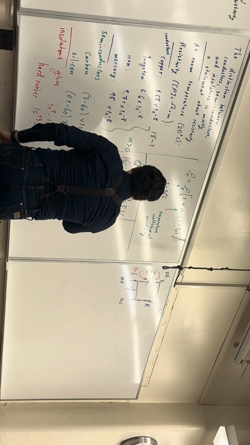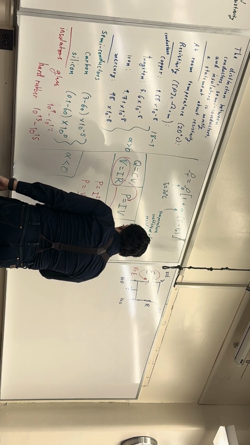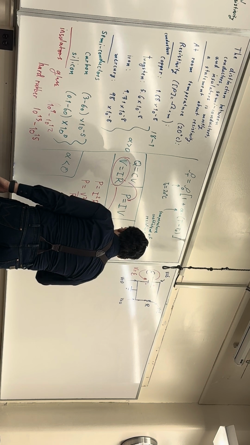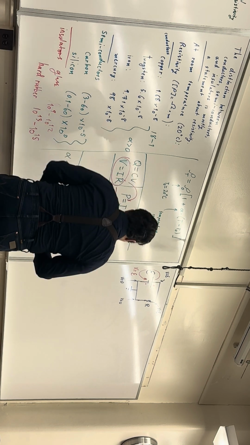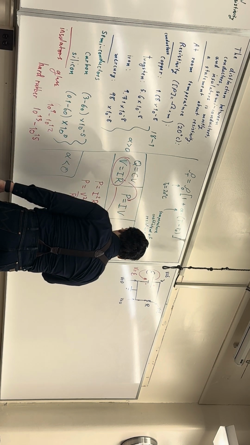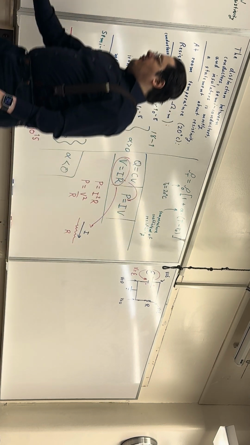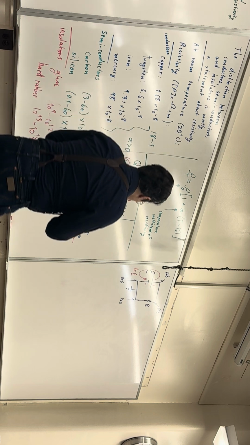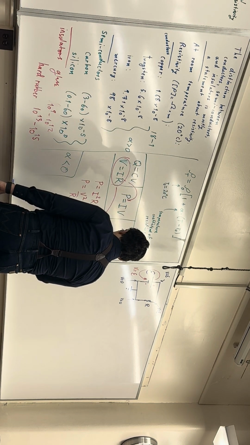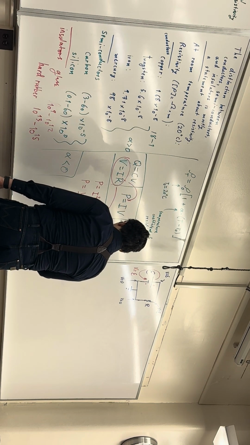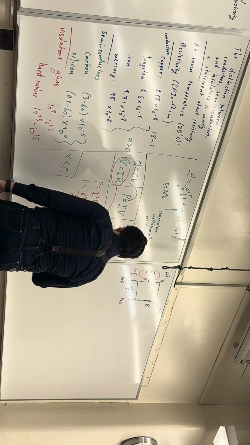Ohm's law as being a statement that if I have a resistor and I somehow force some current to flow across it, there will be a voltage drop across the resistor. There will be a positive end and a negative end. This end has voltage V plus, and this end has voltage V minus.